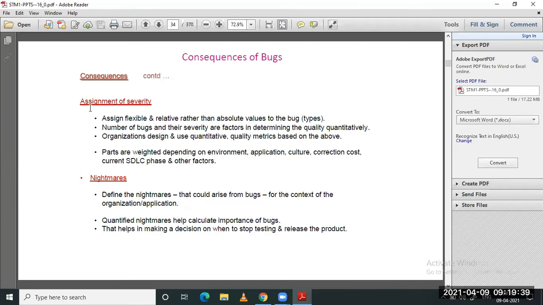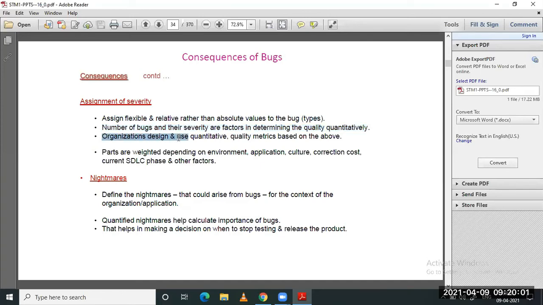Now, assignment of severity. Severity is assigned flexibly and relatively, rather than as absolute values, to the bugs. The number of bugs and their severity are factors in determining quality quantitatively.